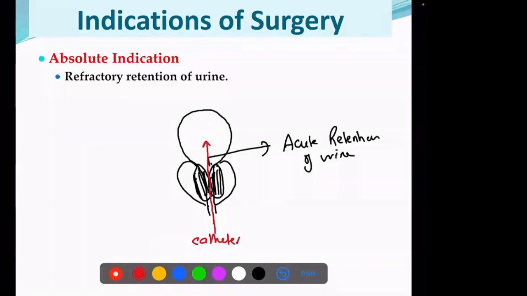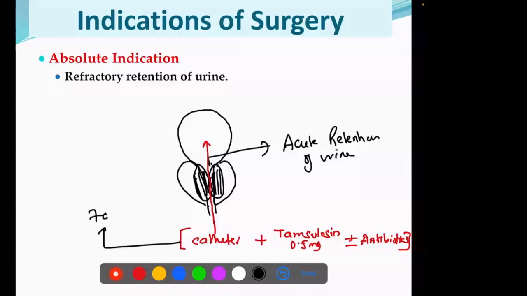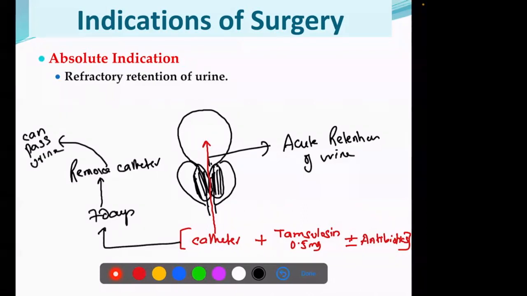At the same time, we add tamsulosin, and sometimes we may add antibiotics. So we start this management and ask the patient to come after 7 days. Throughout the 7 days, he will have the catheter. After 7 days, we remove the catheter, and if the patient can pass urine, then we continue medical therapy.